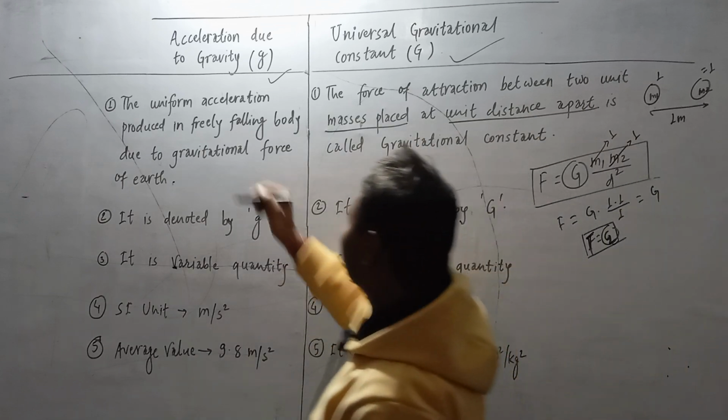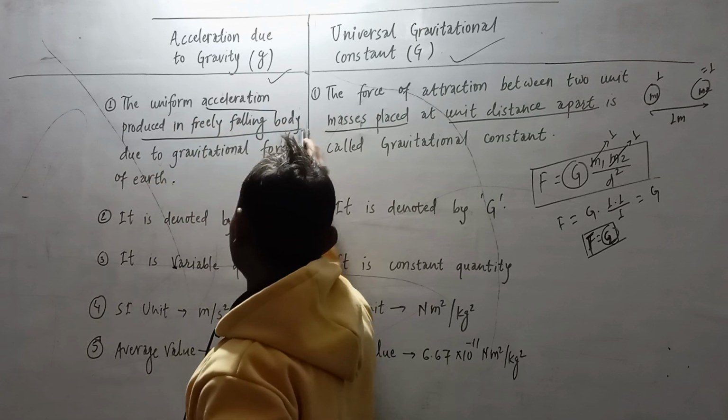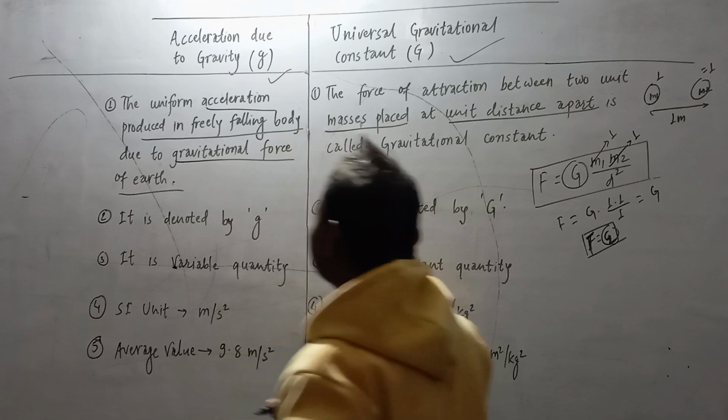But acceleration due to gravity is the uniform acceleration produced in a freely falling body due to the gravitational force of the earth.